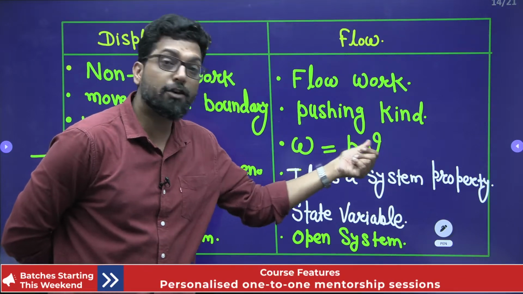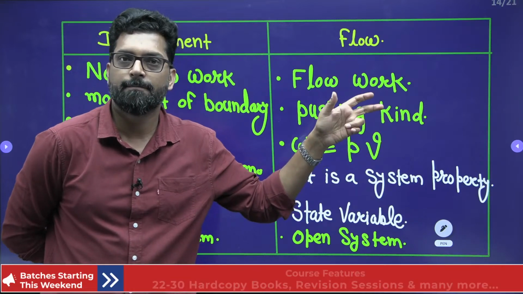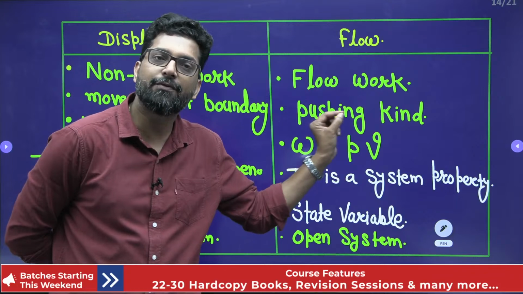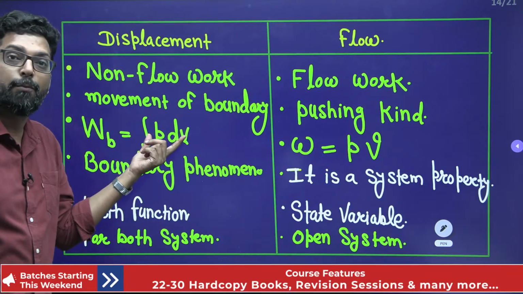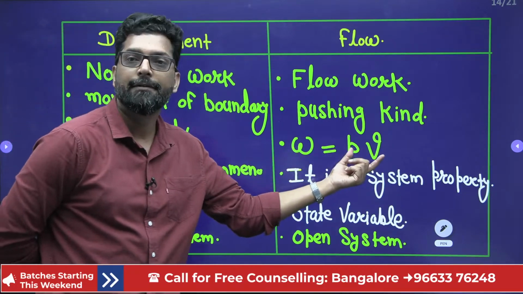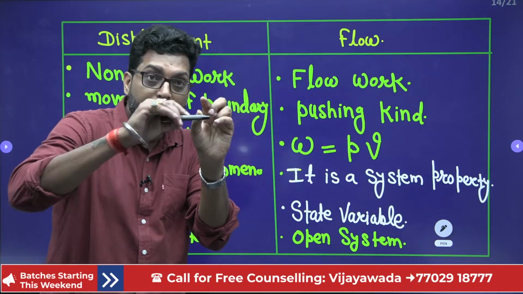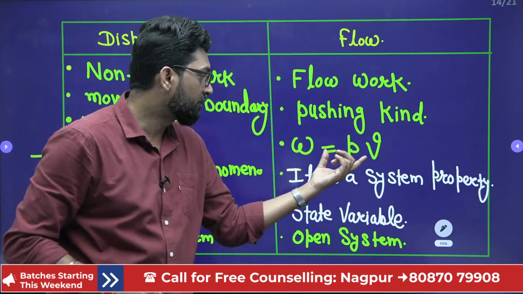So it depends upon the end conditions. Yes, it is a state variable. When there is a point, different points have different values. But along the same path, different points are not the same. It is not given by the area. In the same process, if we change the locus, this value will change.